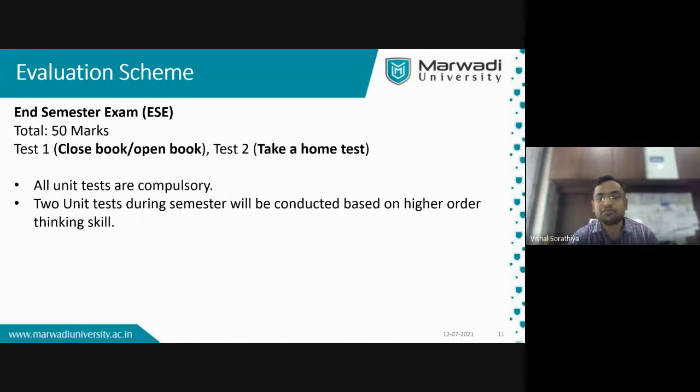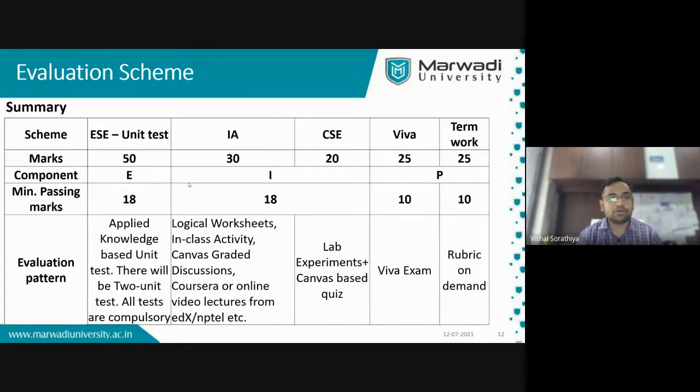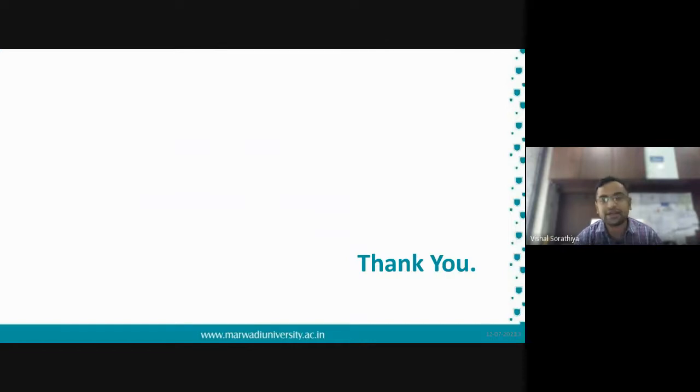The second exam is obviously a take home paper. We will give you 1 paper and 2 weeks of time, and within 2 weeks you need to submit your answers. Don't worry, this is the overall evaluation scheme, and we may modify it and will let you know once everything is finalized.